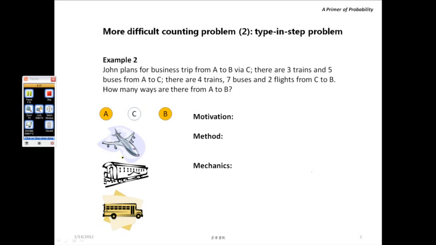John might be interested in how many alternatives there are for him to travel from A to B. So his motivation is awareness of the number of ways.